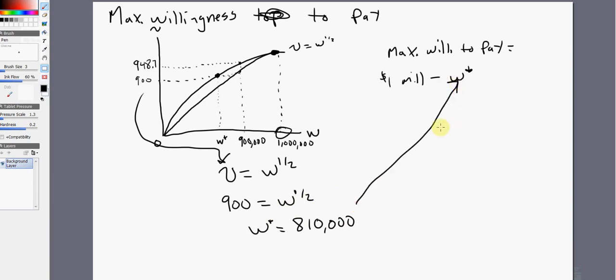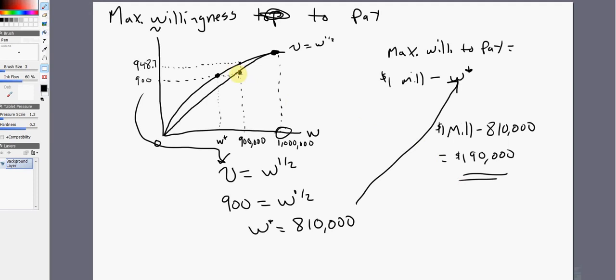Plugging that into here, 1 million minus 810,000 gives 190,000. That is the most that this golfer would pay for an insurance policy that would cover his $1 million loss.